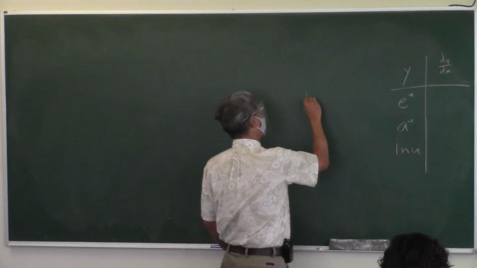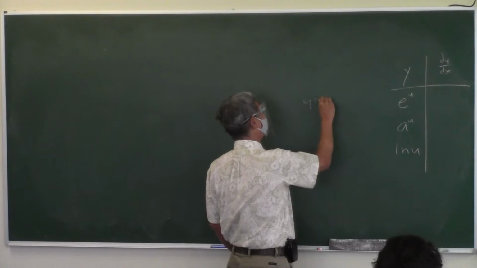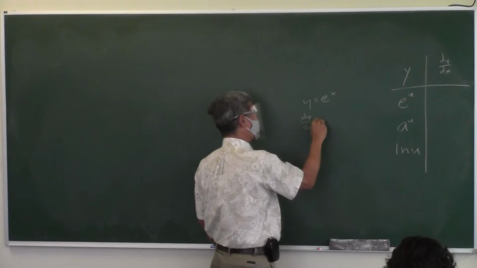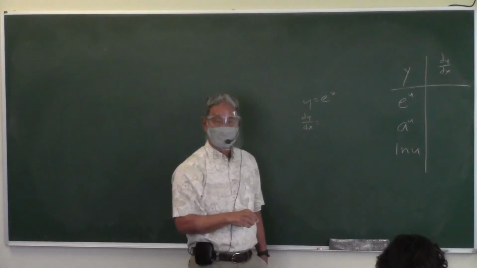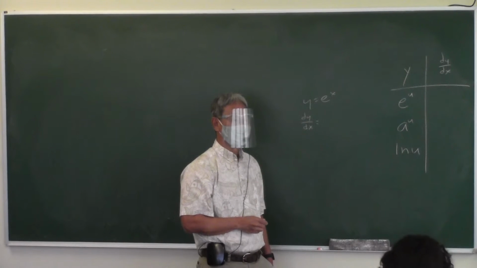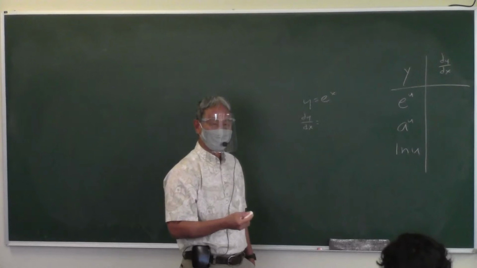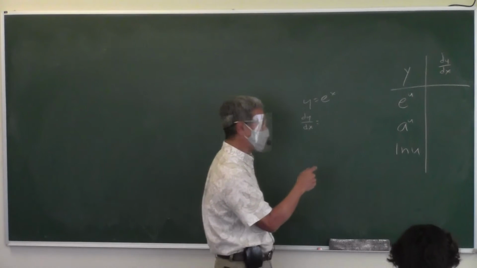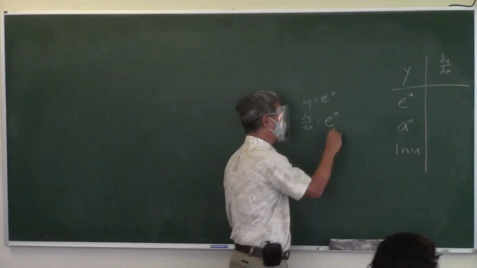Okay, so if you have y equals e to the x, the reason e is such a special number, because why did we even learn the number e? Just so teachers have jobs? No, because e is special, and it's special because the derivative of e to the x is e to the x.